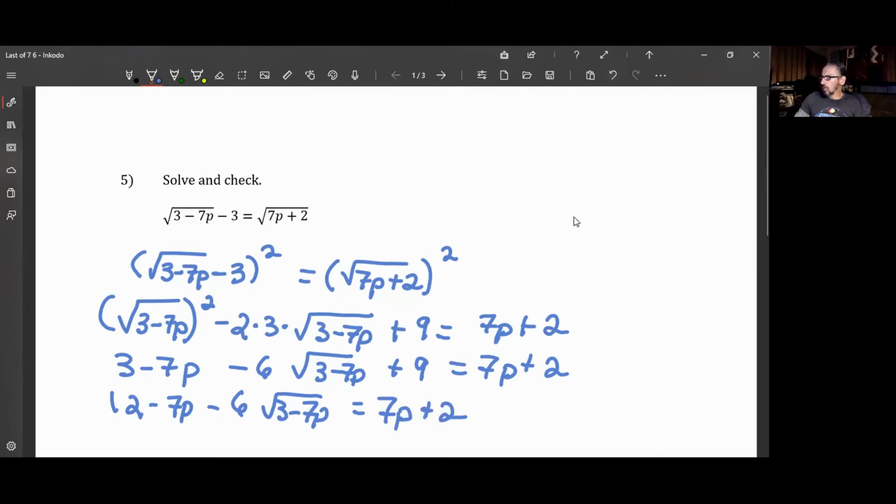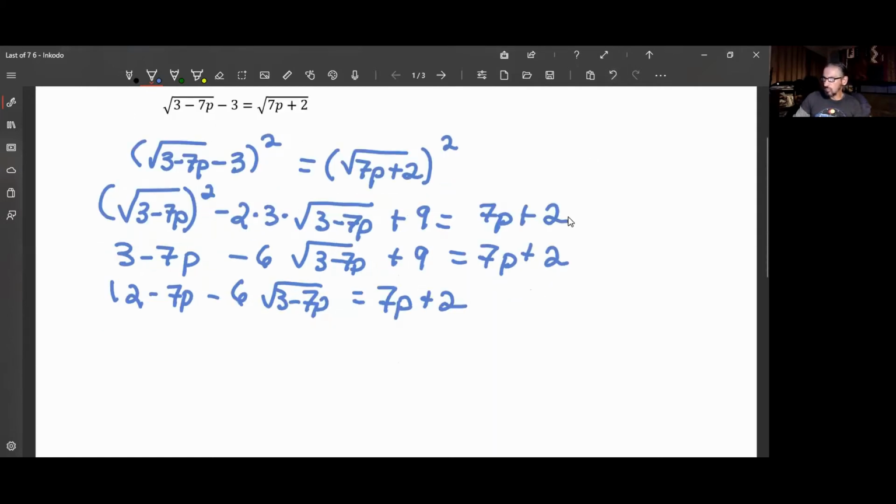Then let's go ahead and add the 7p and subtract the 12. And since all of these are even, I could divide by 2.